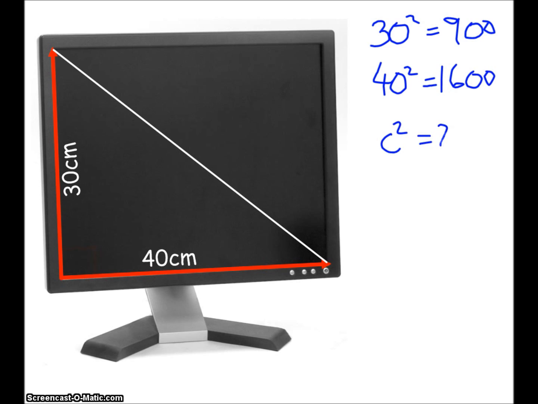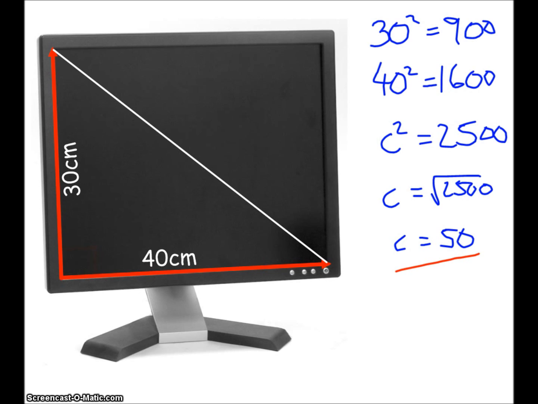Both of these added together make c squared, which is 2,500. Now we must remember to square root it, so the square root of 2,500 equals 50. So the diagonal distance across this computer screen is 50 centimetres.